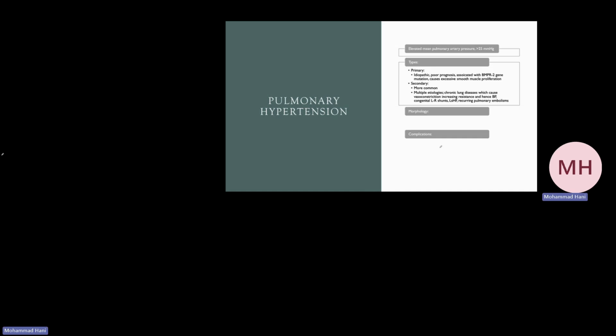So in these lung diseases, you have hypoxia. With hypoxia, the physiological response is vasoconstriction in the blood vessels. Vasoconstriction causes an increase in resistance, not total peripheral, but pulmonary resistance. And with increased resistance, you also have increased blood pressure.